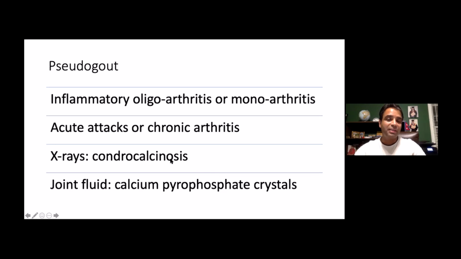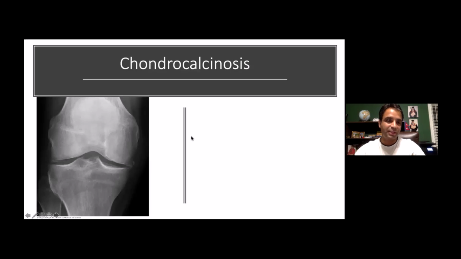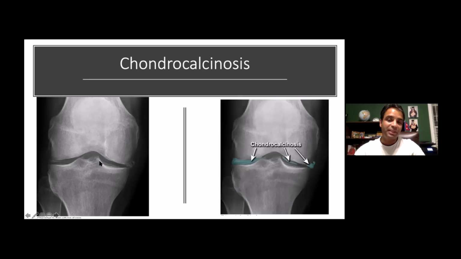On X-ray, there is a typical feature called chondrocalcinosis, basically meaning calcium deposits in the cartilage. I will show you a picture of an X-ray of chondrocalcinosis. So this is a typical radiological feature of chondrocalcinosis. You can see a fine white material in between the joint. Typically you don't see this radiodense material, but this is a sign of chondrocalcinosis, and that could indicate pseudogout.